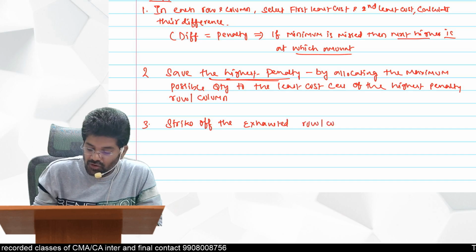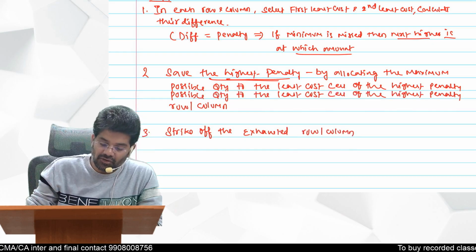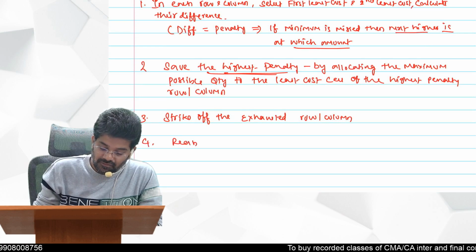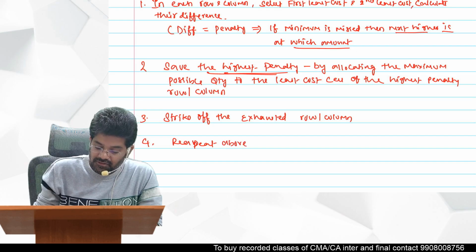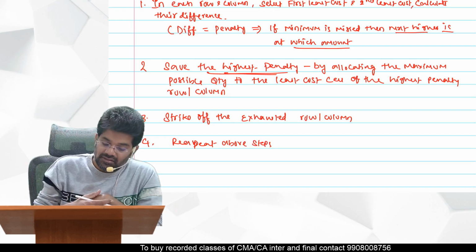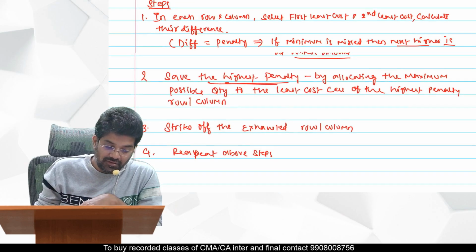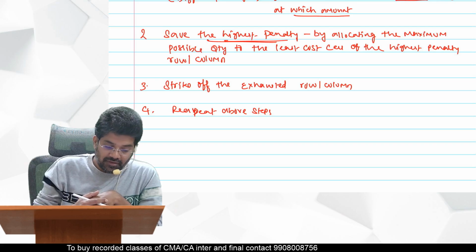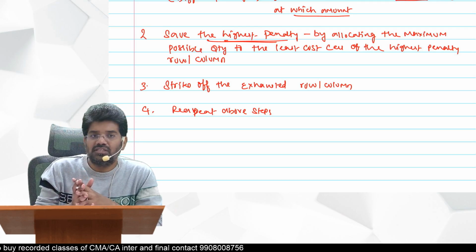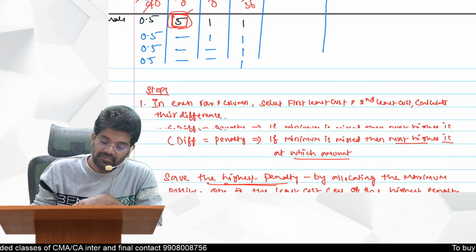If any row or column gets exhausted, it becomes 0, then strike it off. Repeat the same steps till the entire demand gets fulfilled. So these are the steps under Vogel's approximation method, VAM.